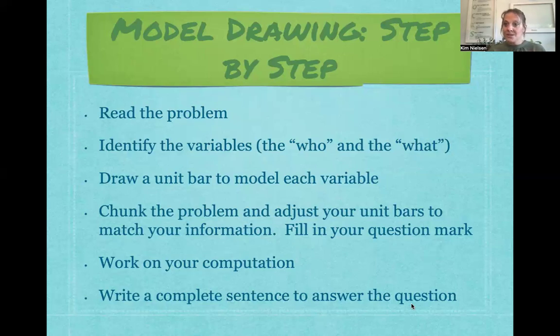And so I want to communicate effectively. And if I just write a number and circle it, and you can't follow my work, and you can't really understand what I'm answering, that's not very good communication, right? And so we're trying to teach kids that this is a language and communication is important, okay? And so that's really why we're trying to write a complete sentence to answer the question. I also want to see that they are answering the correct question, okay?